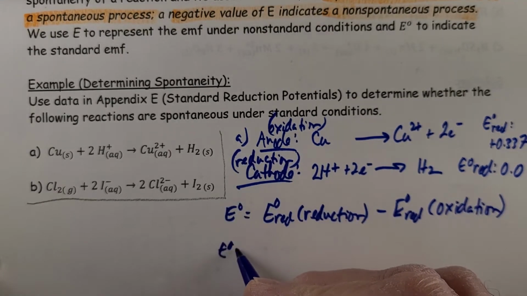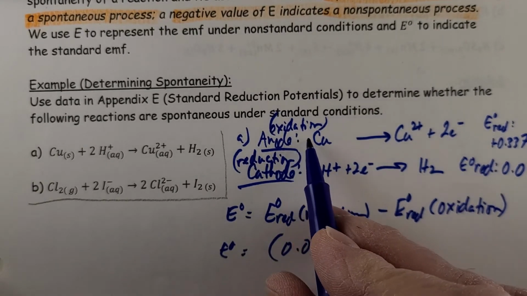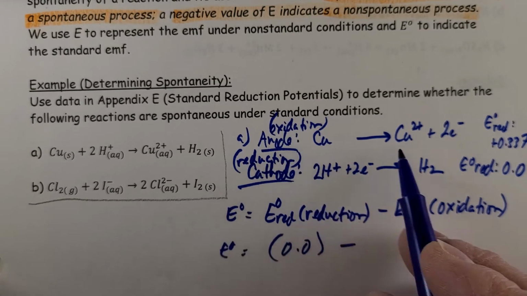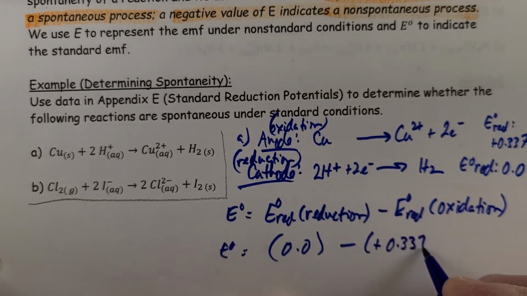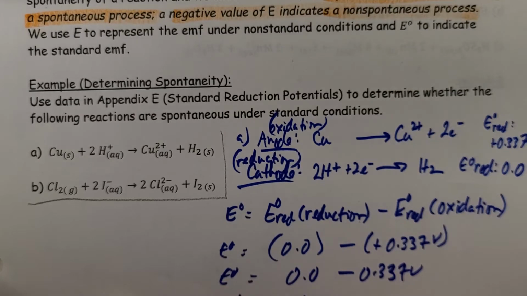Okay, and we can see there's going to be an issue here, isn't there? Minus at the oxidation, which would be the anode if it was an electrochemical cell, plus 0.337 volts. And of course, negative and positive, we get a negative value here.